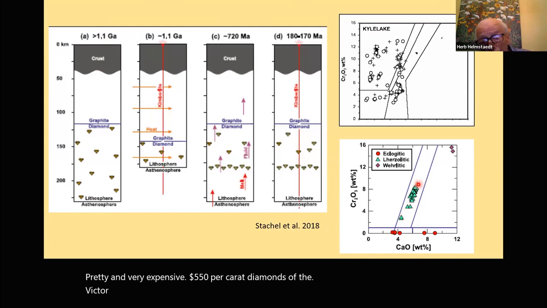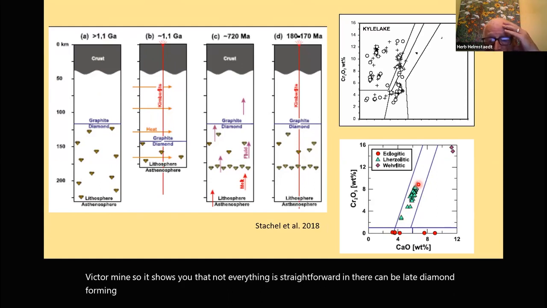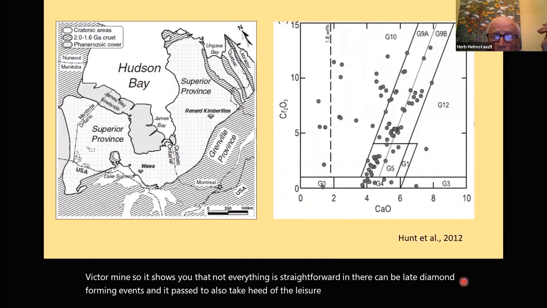So it shows you that not everything is straightforward. There can be late diamond forming events, and it pays to also take heed of the lherzolitic garnets in the exploration. So I won't go through the others here.